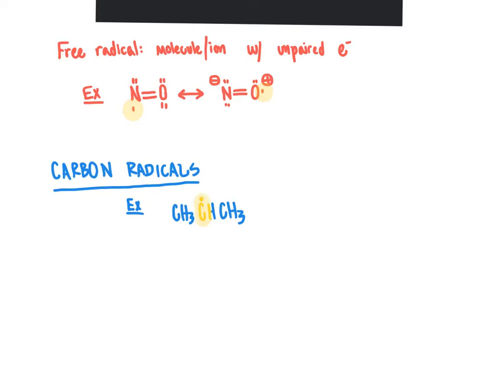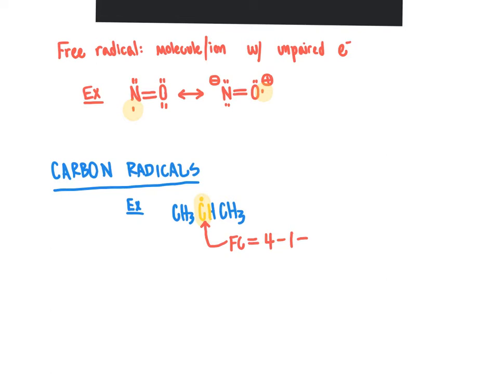And we can calculate the formal charge on that carbon. This would be a good chance to hit pause and review that you know how to calculate formal charges on atoms. The formal charge is equal to the column that atom is in on the periodic table, which is column number 4, minus the number of lone pair or unpaired electrons. That's going to be 1 because we have that 1 free radical electron, minus the number of covalent bonds.